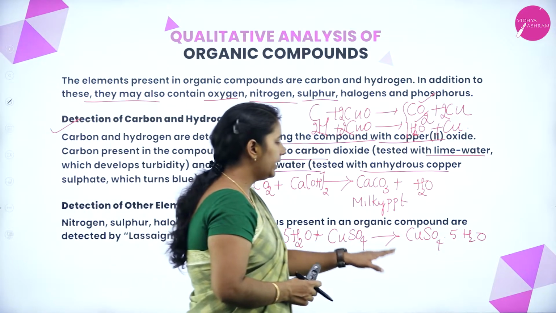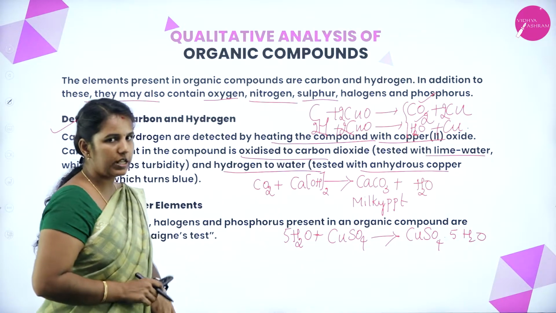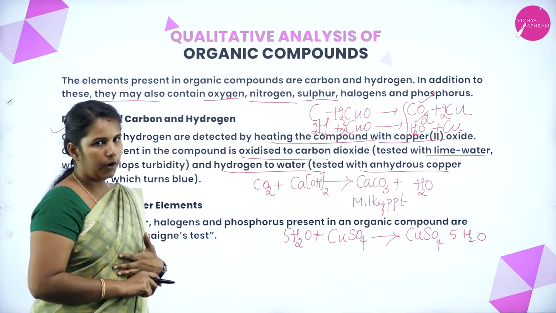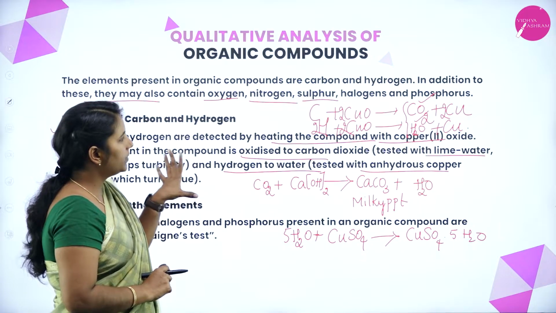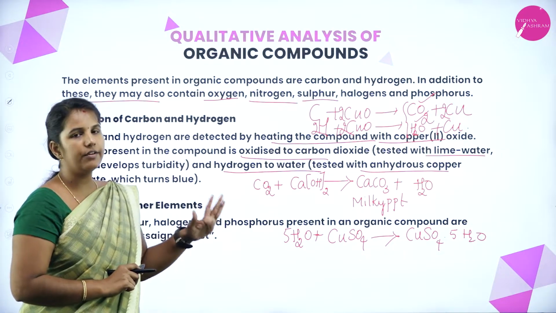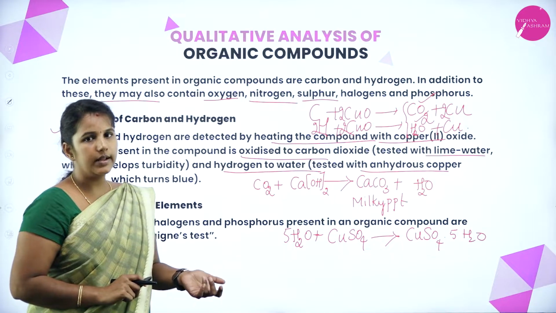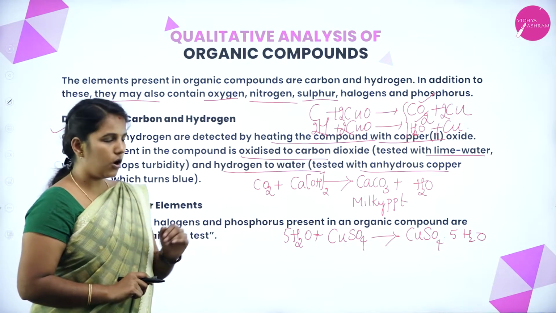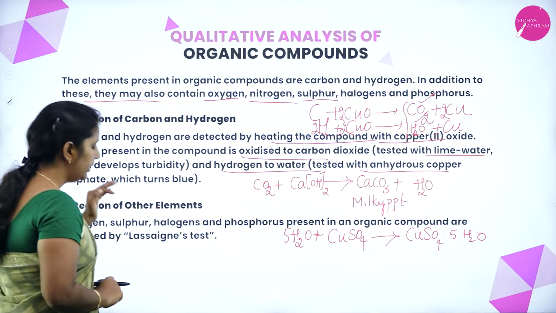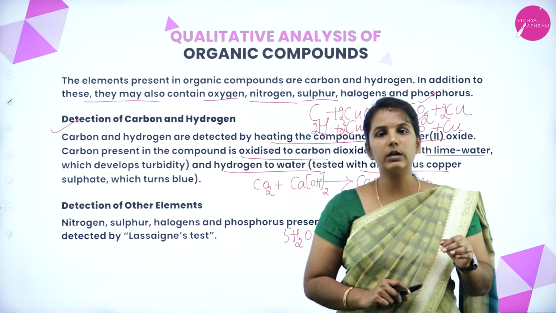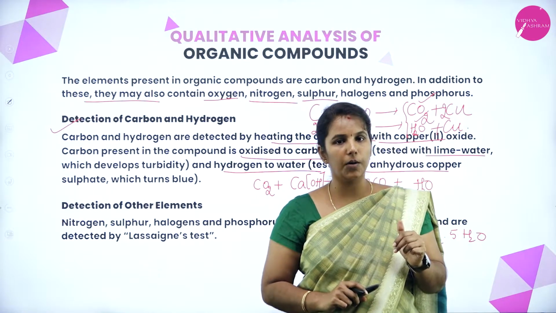This is hydrated copper sulfate, which confirms that water molecule is there in the given organic compound. This is how carbon and hydrogen, if they are there in the given organic compound, can be detected by using the copper oxide method. Now, carbon and hydrogen is over, but we need to detect the other elements which are there in the given organic compound, correct?